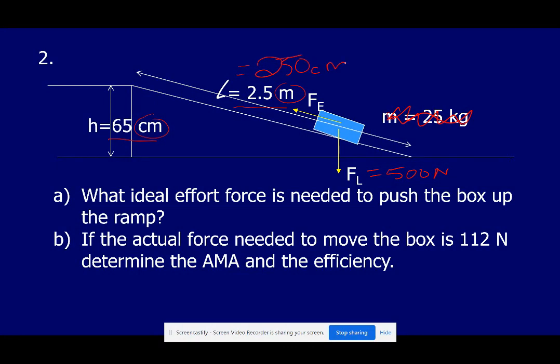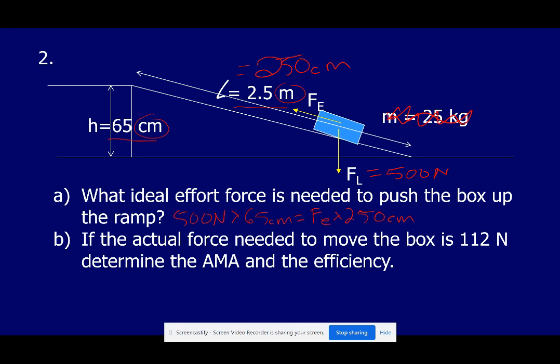250 centimeters. For no reason in particular, we could just as easily have turned that to 0.65 meters on the height, but I'm just choosing to do it this way. And now I can proceed. So it's load force, 500 newtons, times the load distance, or in this case it's the height, 65 centimeters, is equal to the effort force times the length of ramp, which is 250 centimeters.